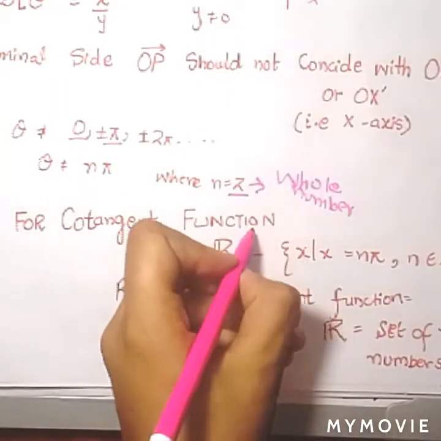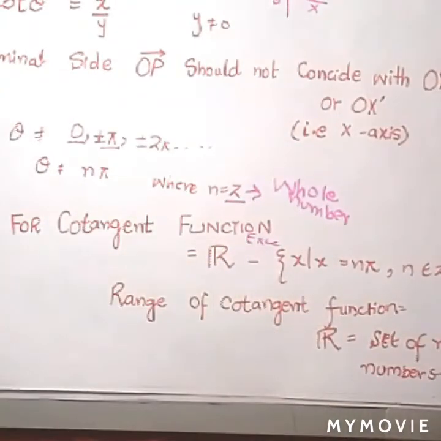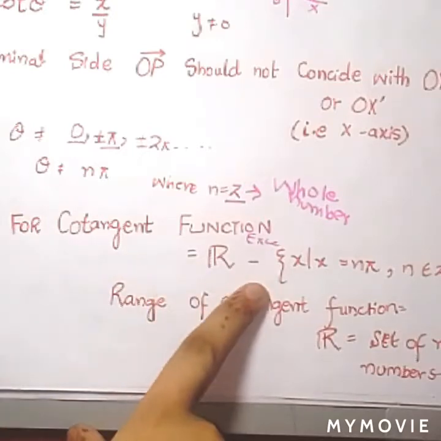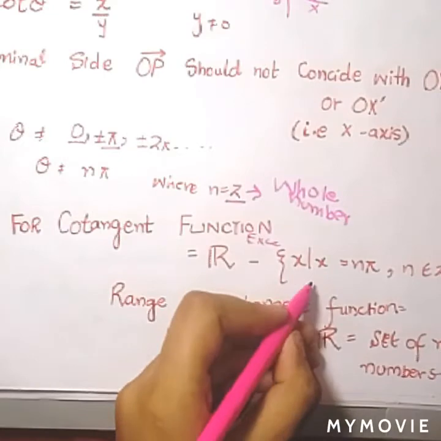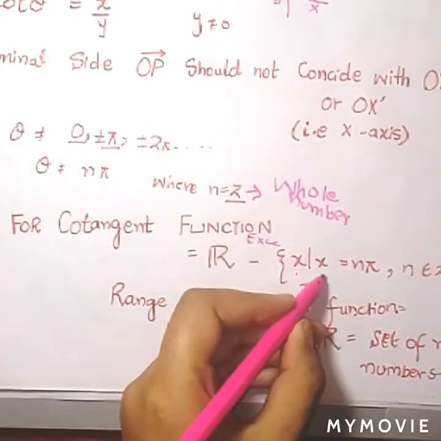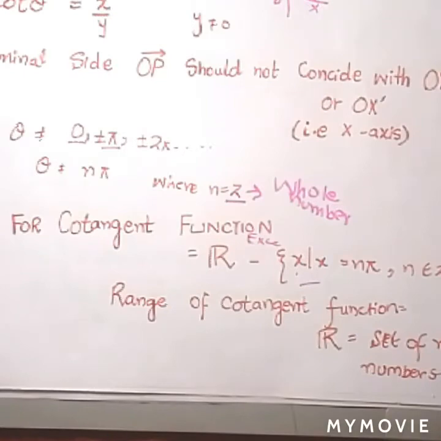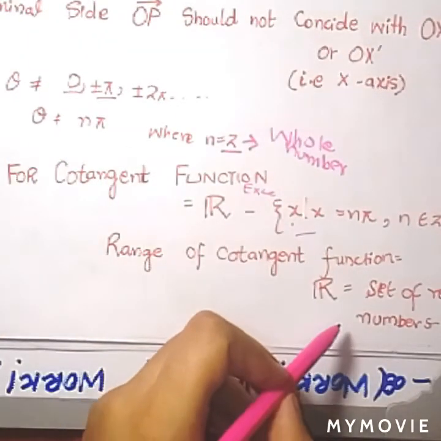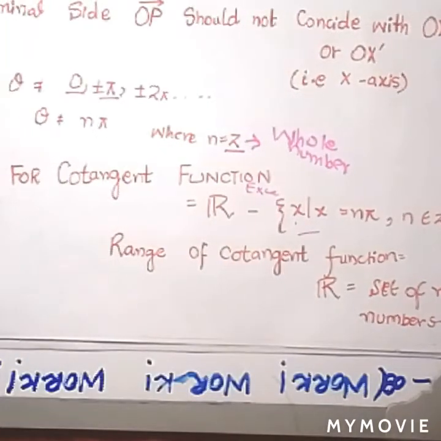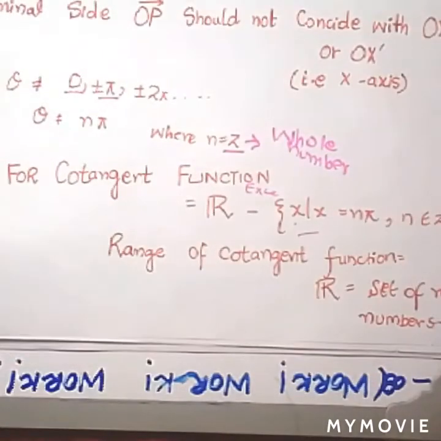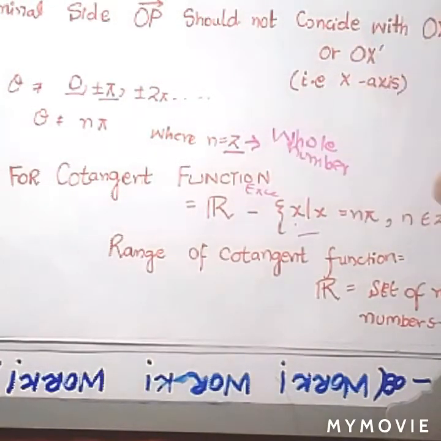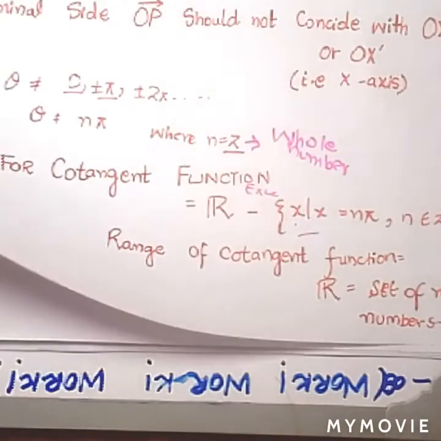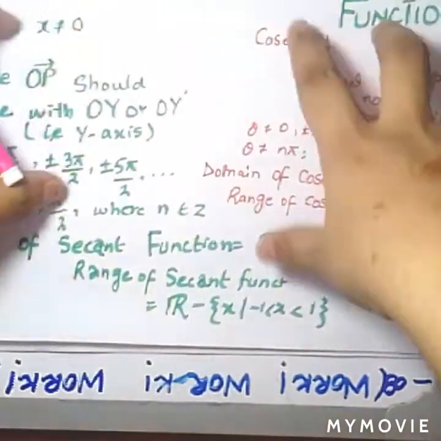This symbol is used for the set of real numbers, and the slash is used as "except"; you can also write it as "except", since math notation is used to simplify things. The range of the cot function is the set of all real numbers, given that the domain is all real numbers except multiples of pi. Pi is 180 degrees, you know that.